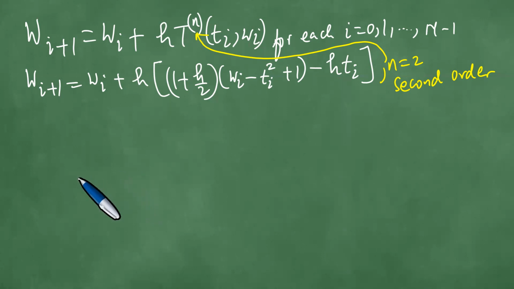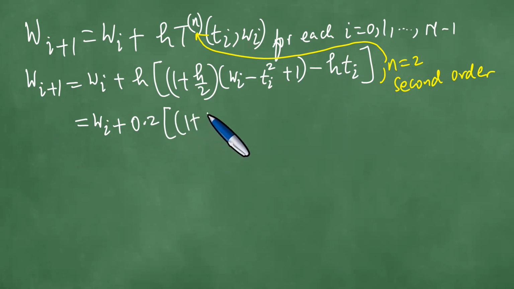All right, let's see what we achieve. We're going to get wi plus 0.2, which is 1 plus 0.2, and then is wi.